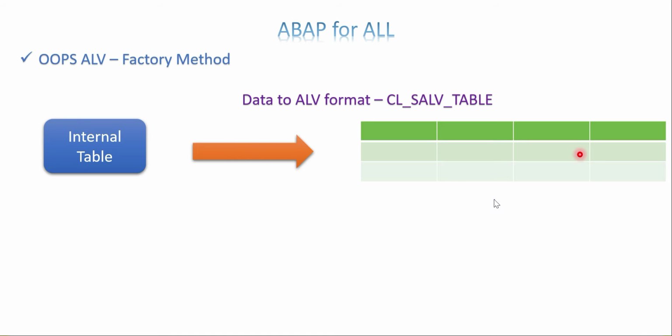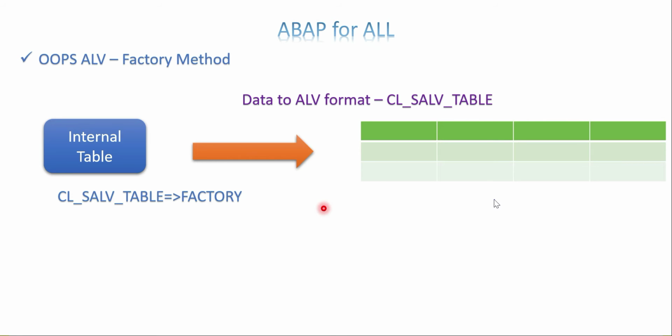The base class of the factory method is CL_SALV_TABLE. These are very simple. All you need to know is which class and which method is going to help to make a function, to make a sort, to enable some basic variables and headings, and to optimize my columns. So you have to know the class name and the method name for each.